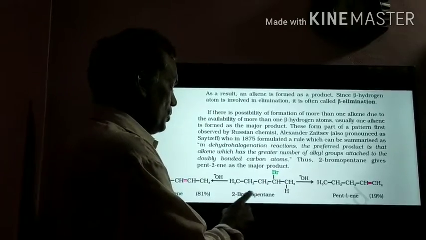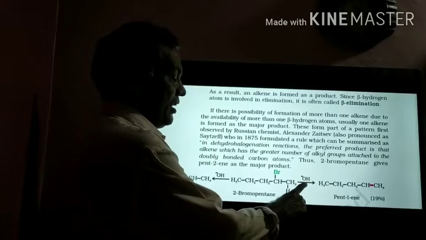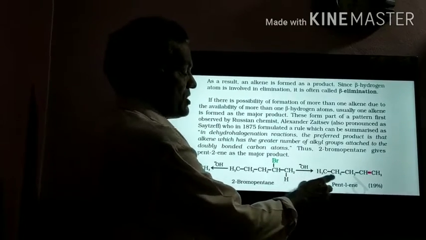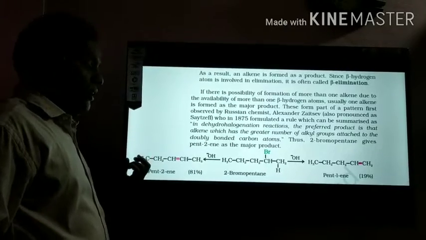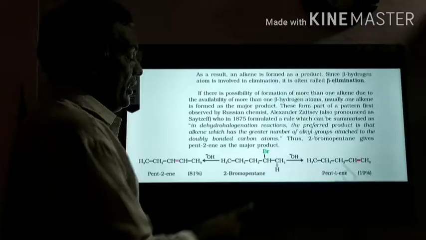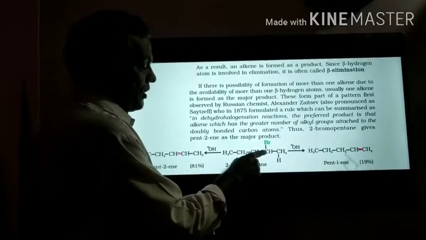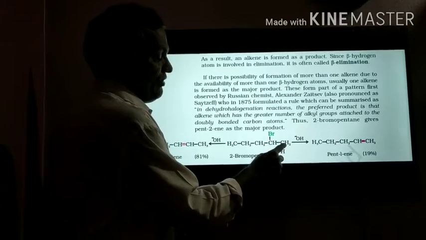This is given: 2-bromopentane. If it is treated with alcoholic potassium hydroxide, it gives pent-1-ene and it also gives pent-2-ene. The possibility is there because bromine is attached here, so the carbon atom adjacent in the middle is also available.